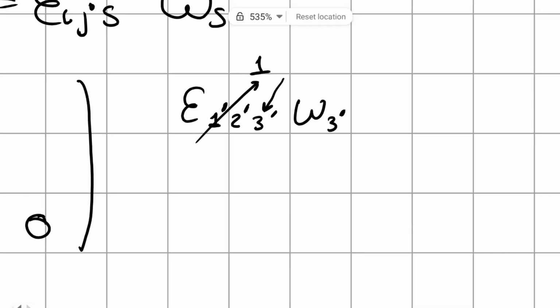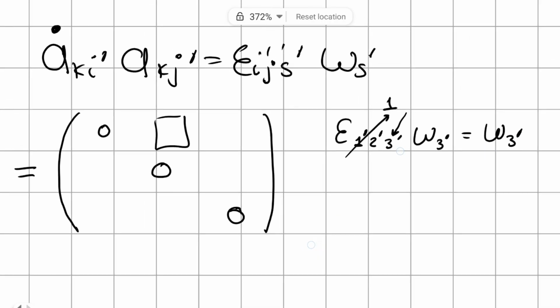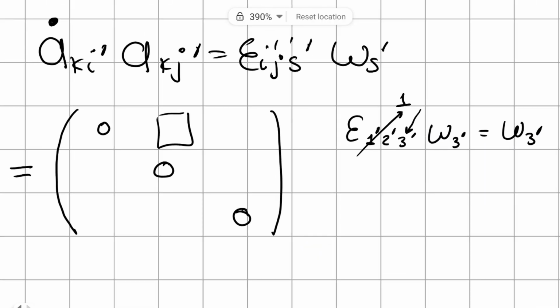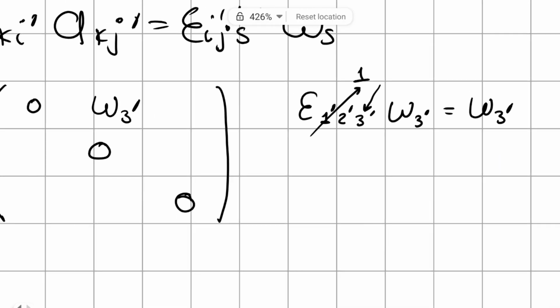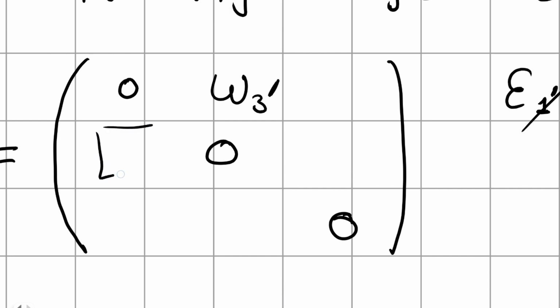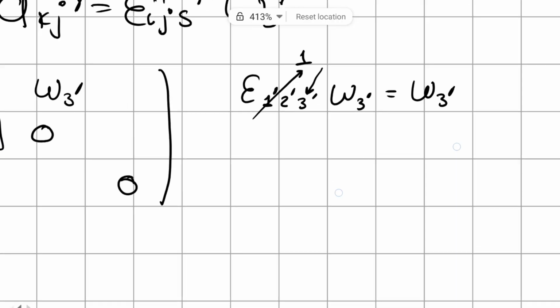Perfect. So this is just going to be omega 3 prime, and like I said, this corresponds to the element in the first row and the second column, so this will be omega 3 prime.